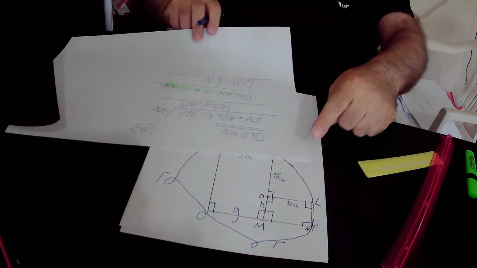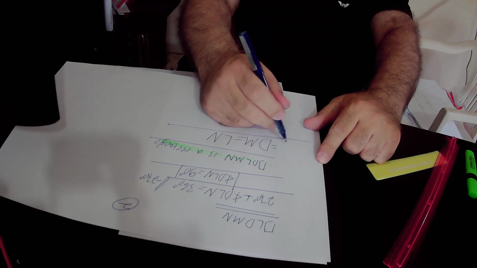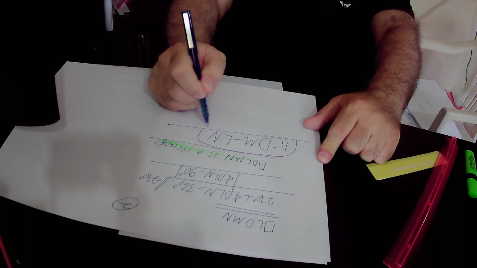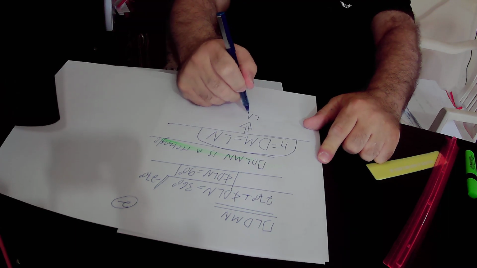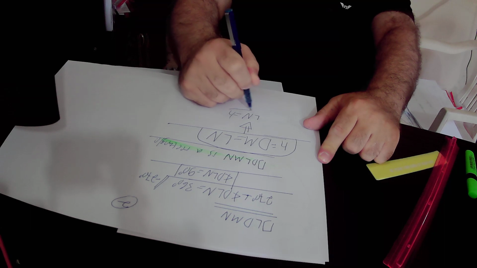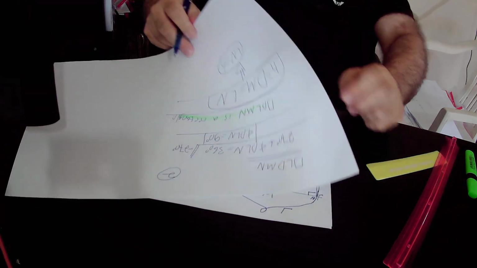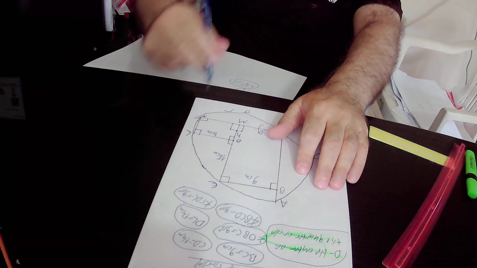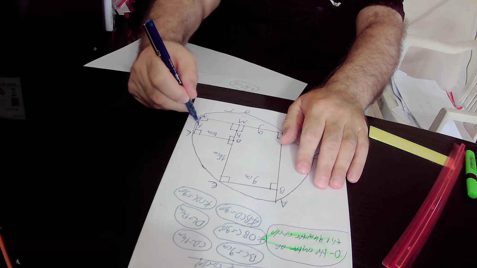But according to our definition, DM equals H. So we can write here that DM equals H. And from this equation, H equals DM equals LN, we will derive that side LN is also equal to H. Here side LN equals H.